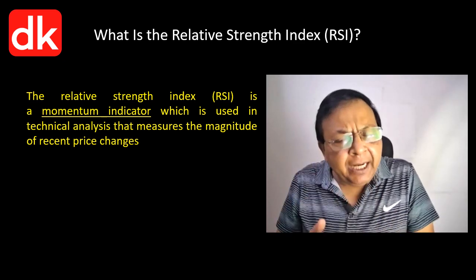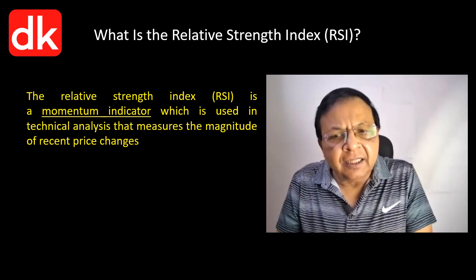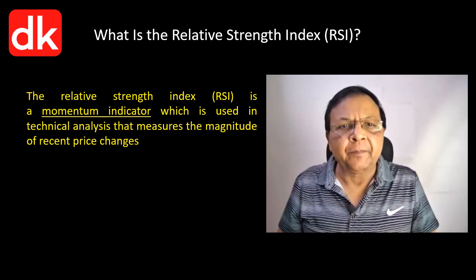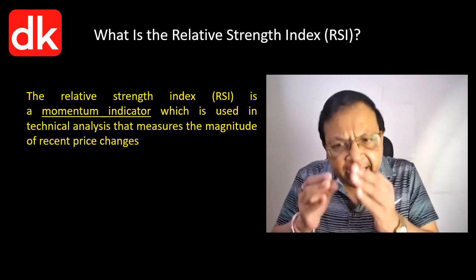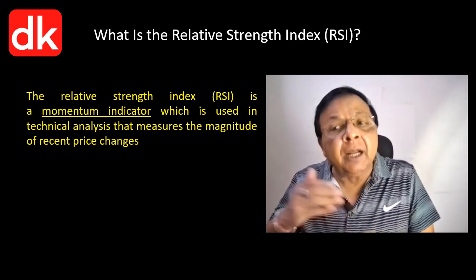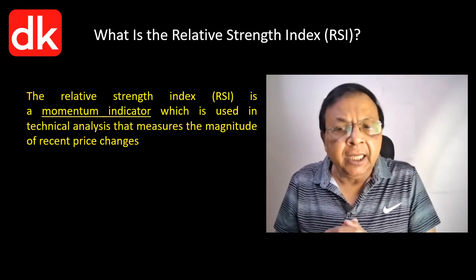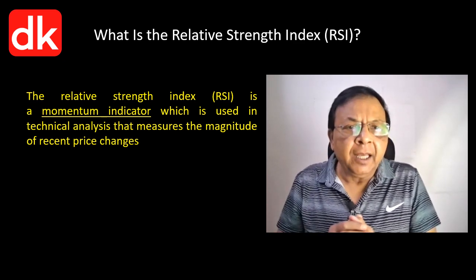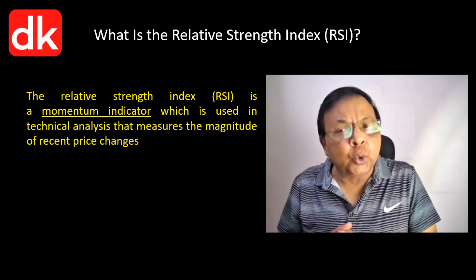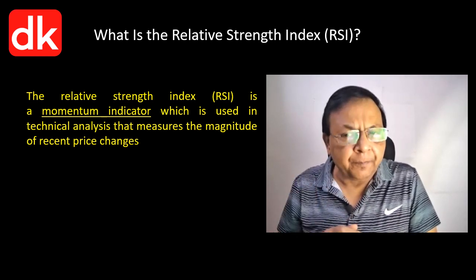A momentum indicator measures at what rate the price is increasing or decreasing. So in technical analysis, it helps us understand the momentum of the price action in the market, so that we know the magnitude at which the price is going up or coming down.